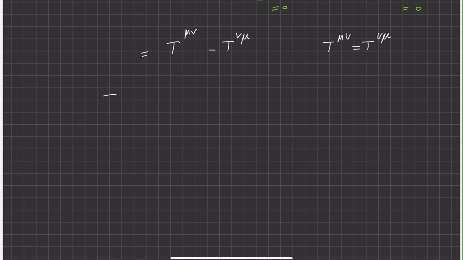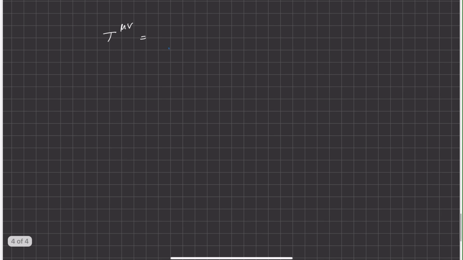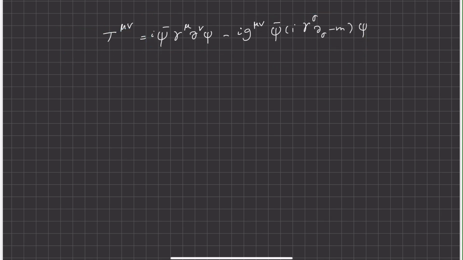So I have t mu nu is equal to this expression here. And then for the case of nu mu, I'm just going to change the order of parameters. But the sigma in this should not be interchanged.